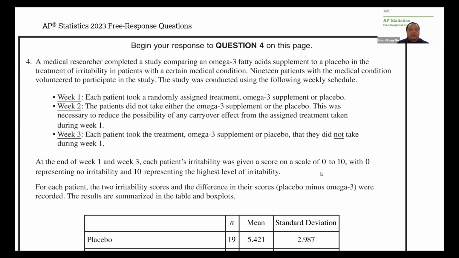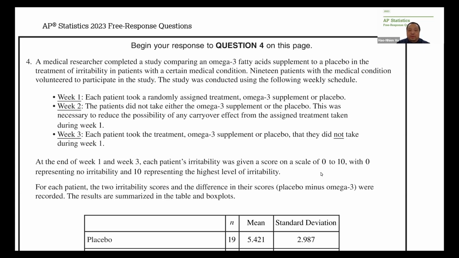Week 2, the patients did not take either the omega-3 supplement or the placebo. This was necessary to reduce the possibility of any carryover effects from the assigned treatment taken during week 1. Week 3, each patient took the treatment, omega-3 supplement or placebo, that they did not take during week 1.